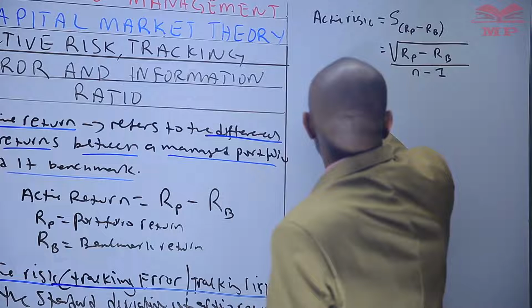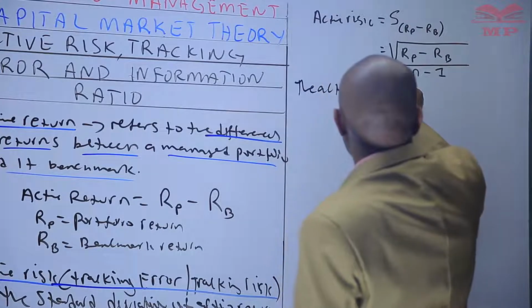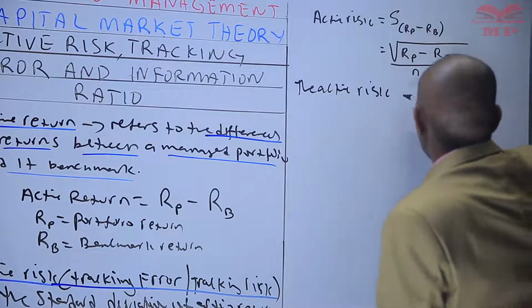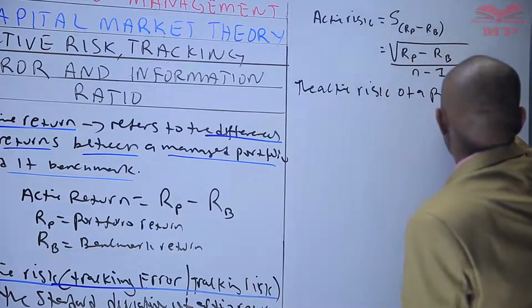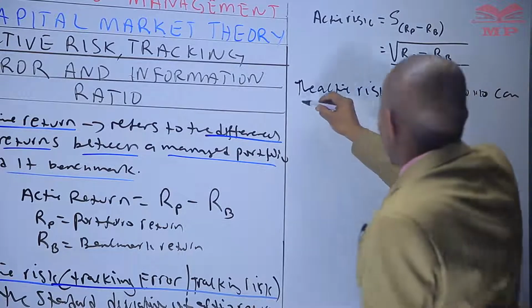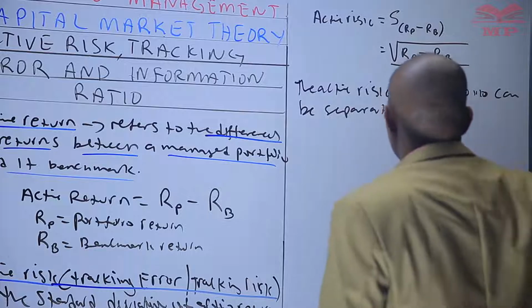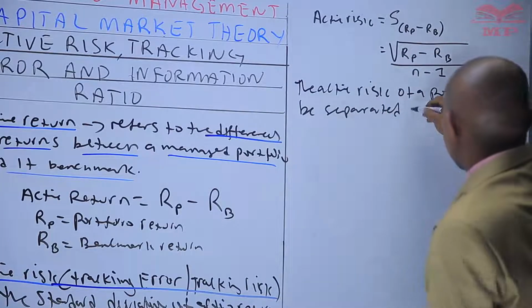So we can say that the active risk of a portfolio can be separated into two components.